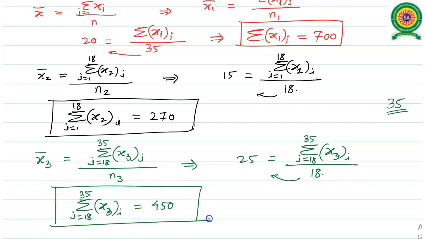Now look at those summations. We are calling them equation 1, 2 and 3. So look at equations 2 and 3. 18 is repeated twice.